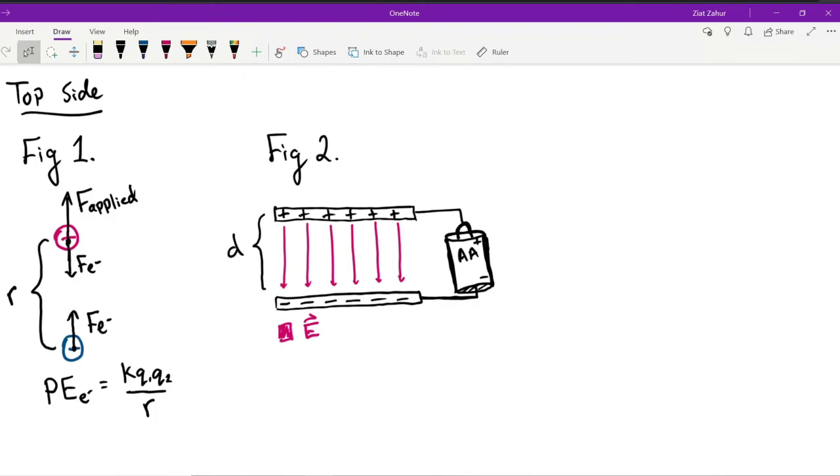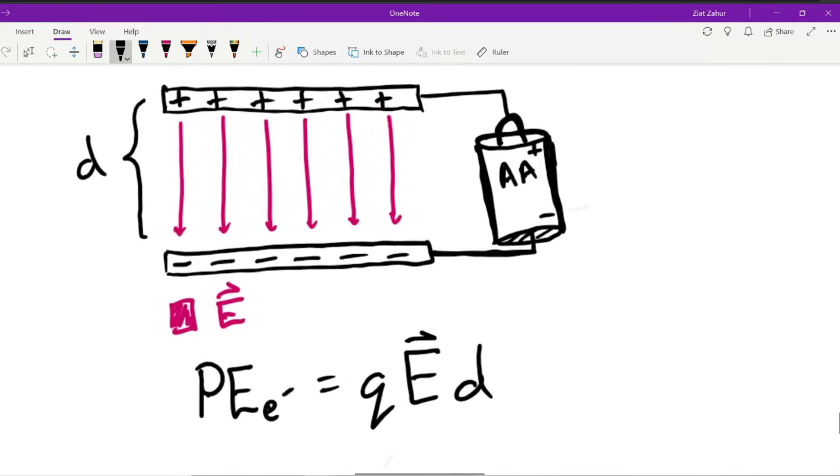So by doing this, we can store energy, and the energy inside here, say the electric potential energy, is equal to QED, Q times E times D. Okay, this is assuming that there is a tiny Q inside here.